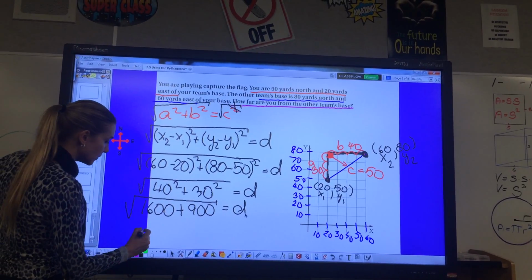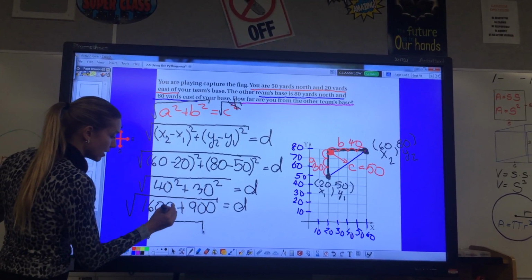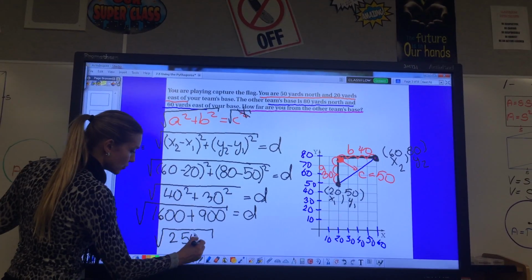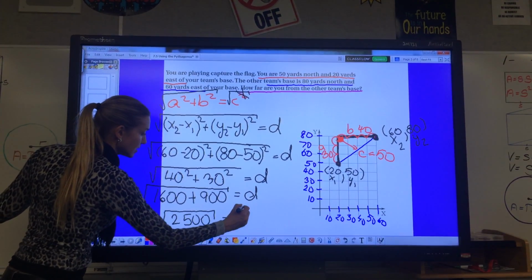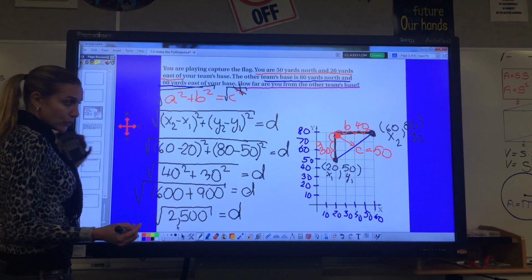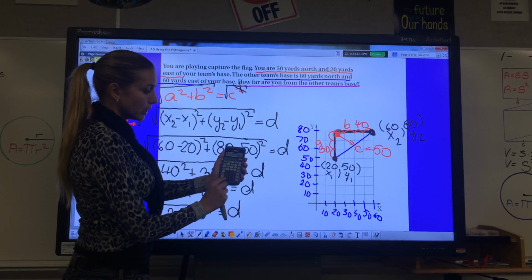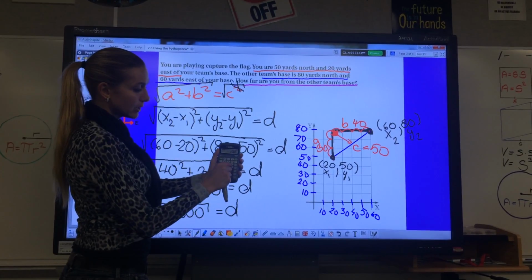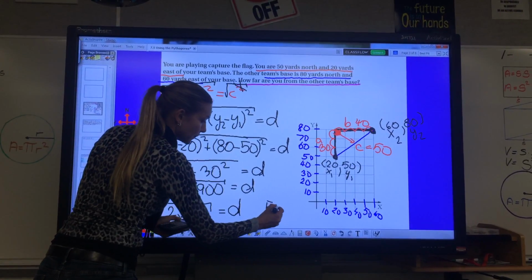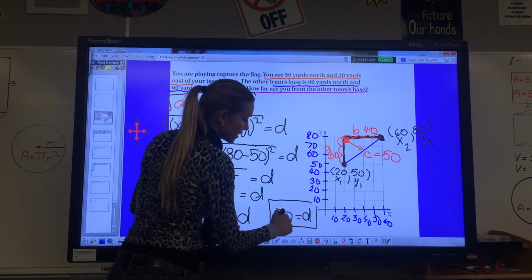Let's add these up. I have a square root of 1600 plus 900 is 2500, equals my distance. And the square root of 2500, if you don't know that, please do use your calculator. I hit the square root and I will get 50 equals D. And did I get the same answer?